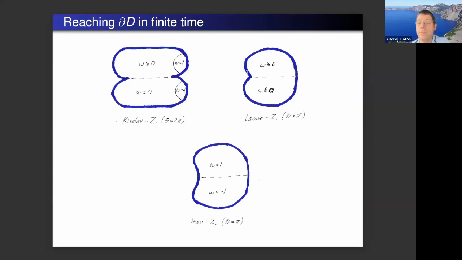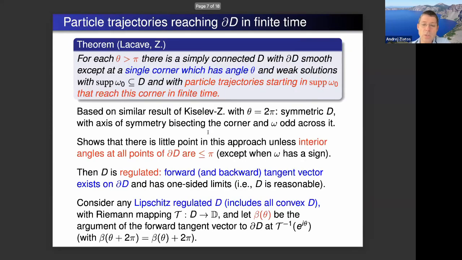So at these points you have the tangent vector, and the backward tangent vector is a one-sided limit of those tangent vectors, and the forward tangent vector is also a one-sided limit of the tangent vectors at all these points. So that's a regulated domain.